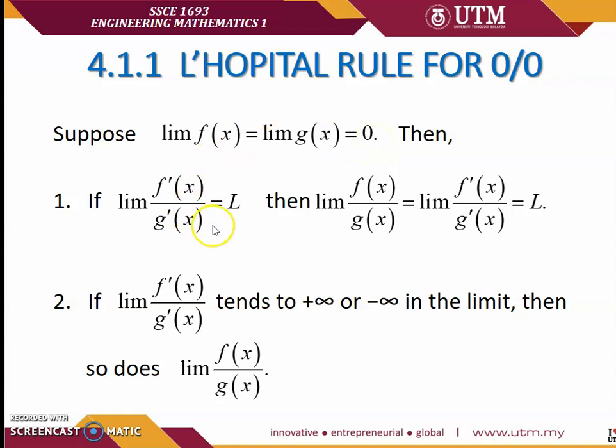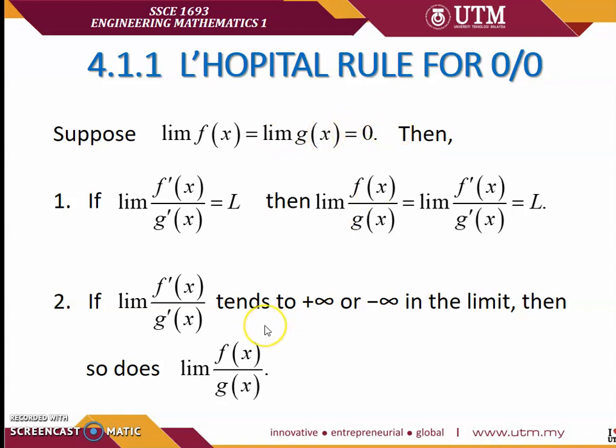Then we use this rule: we have the limit of f(x) over g(x), and we transform this limit into f prime x over g prime x, meaning that we need to find the differentiation of f(x) and g(x). This is the case where the limit of f(x) and the limit of g(x) are equal to 0.